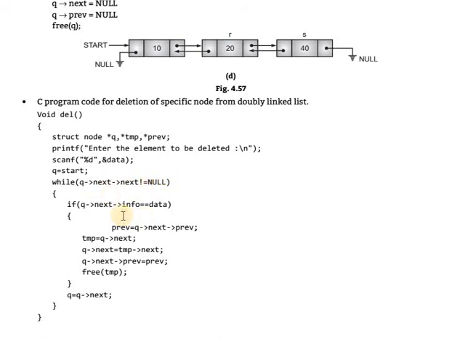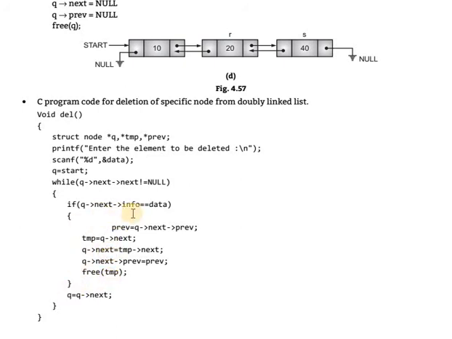If that condition is found, the inner part is executed: Q of next info field is checked, and if it is equal to data, then Q of next previous is initialized to previous. After that, Q of next is initialized to temp, temp next is initialized to Q next, and previous is initialized to Q next previous, and free temp.